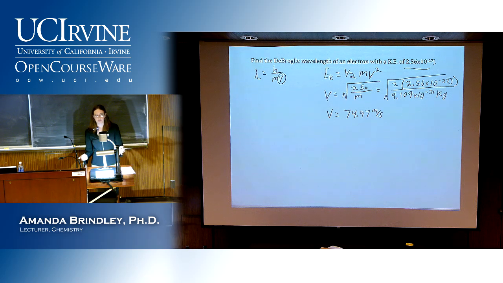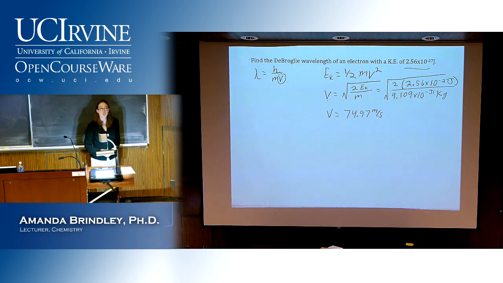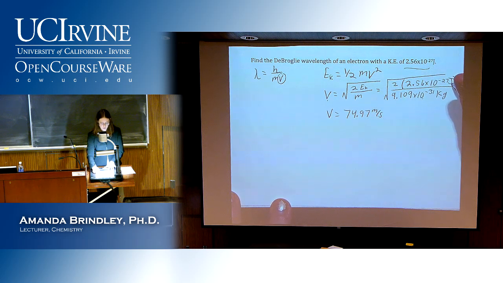Well, no, it's on the periodic table, right? You have the mass. So if you think about nitrogen, are you just going to fill in the mass of, let's say, just an atom? Are you just going to fill in 14? Well, that's in grams per mole. And if you look at this unit, we have joules, and we need to get meters per second.